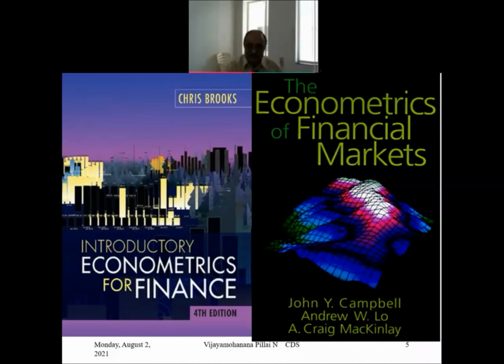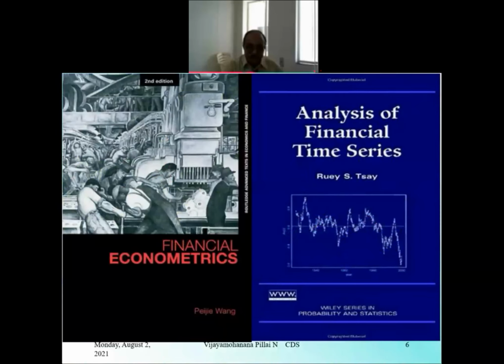Then there is another book by Campbell, Lo and MacKinlay, also a very famous textbook on the econometrics of financial markets. Then a book on financial econometrics by Peijie Wang, which is not as famous as the next one, Analysis of Financial Densities.